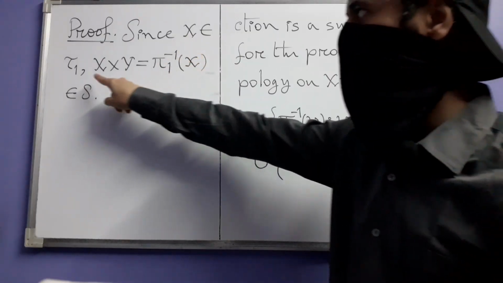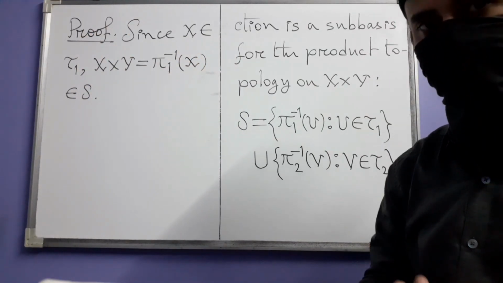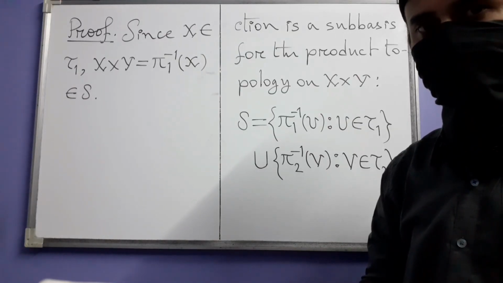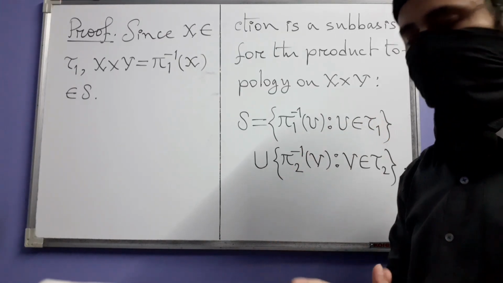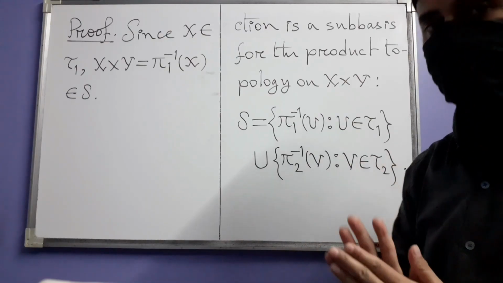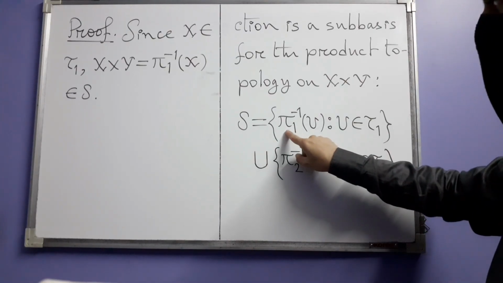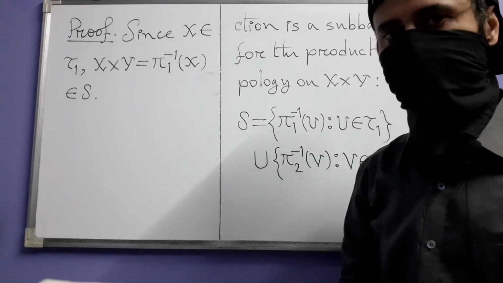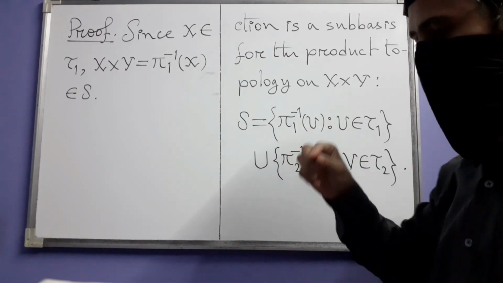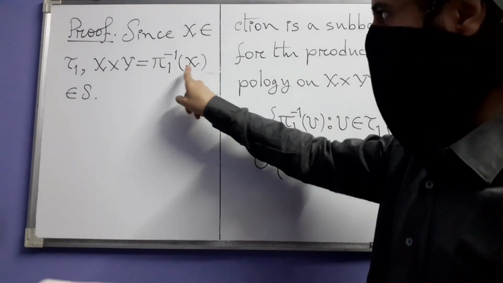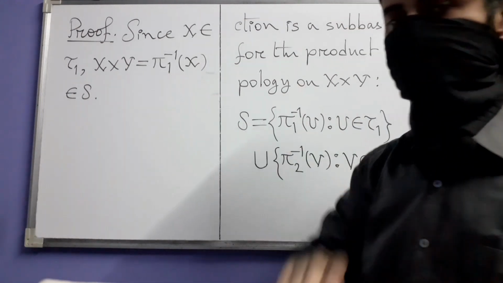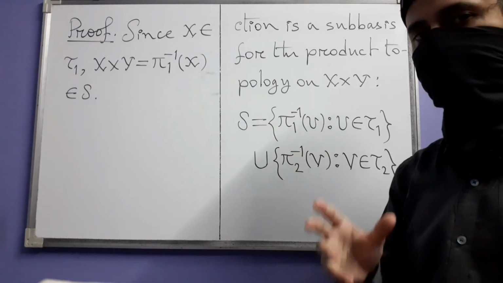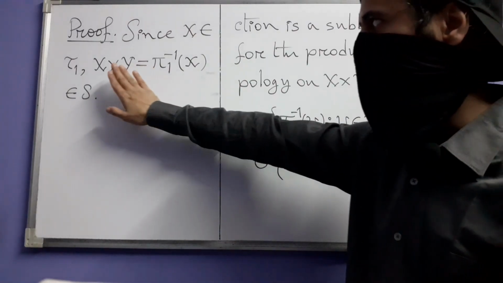You see that the topology tau1, because it's a topology on X, must contain X itself as an element, because in a topological space the entire set is also open, and that is why pi1 inverse of X, by definition of S, belongs to S. But if you go back to the definition of the function pi1 and calculate this pi1 inverse of X, you will see that it's nothing but X times Y. That's why S qualifies to be a subbasis for some topology on X times Y.